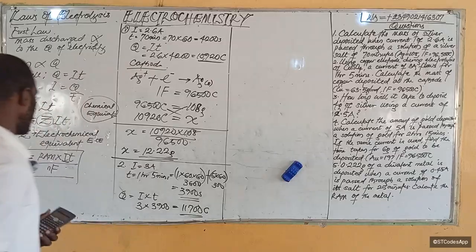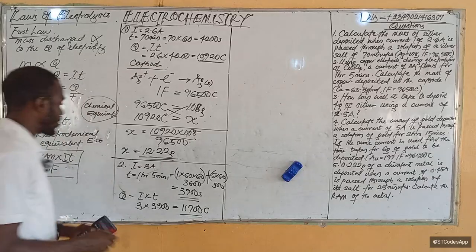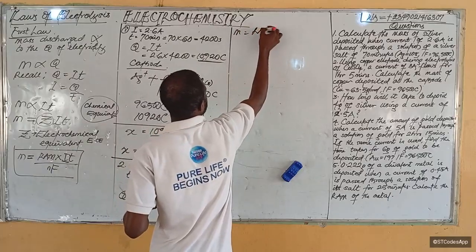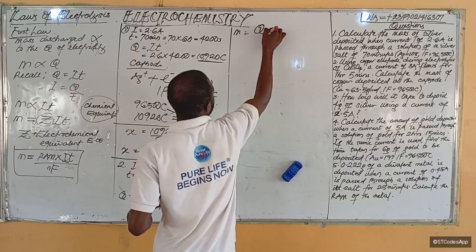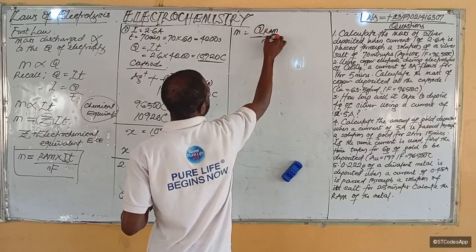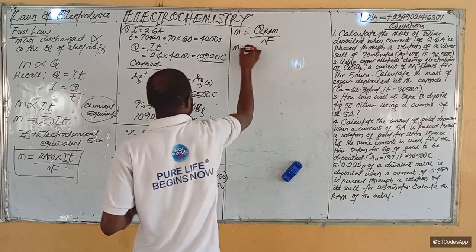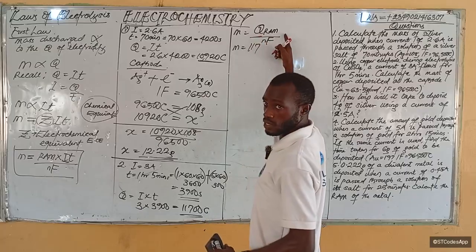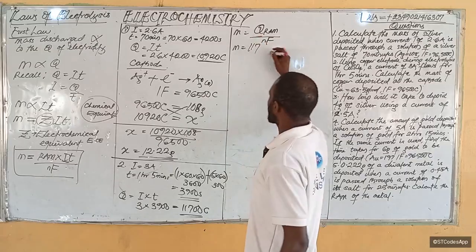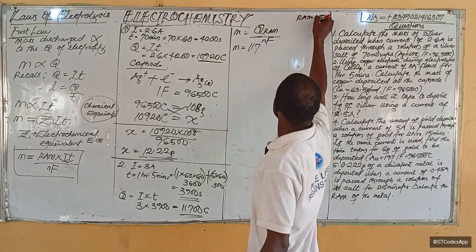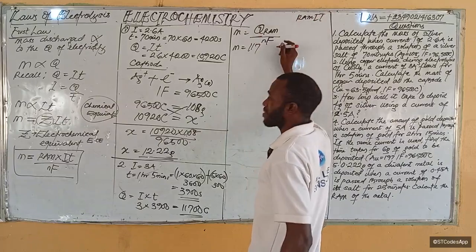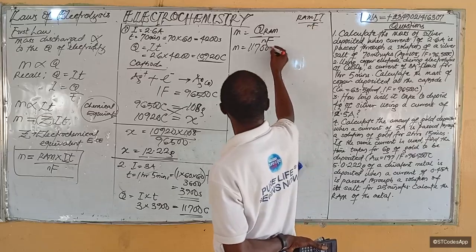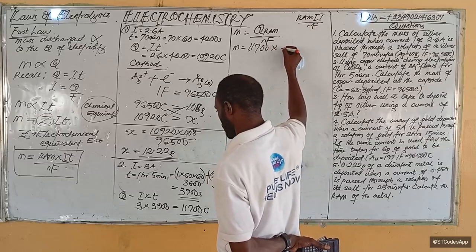Okay? So if I wanted to use the formula, I already know this. My formula is N equals Q times RAM over NF. So this becomes the formula. Q, I've known Q to be this, 11700, or IT times RAM over NF. That's another way to remember it, okay? Once this times RAM.